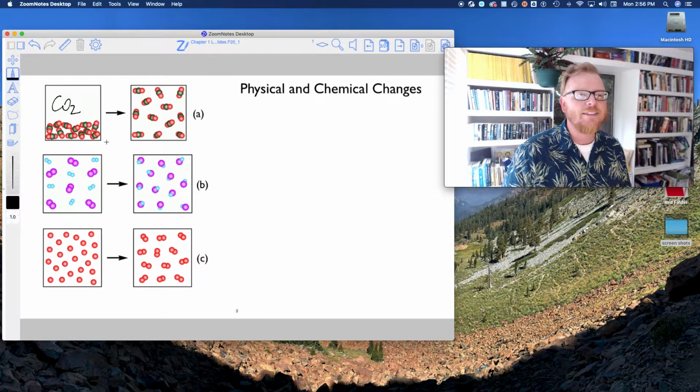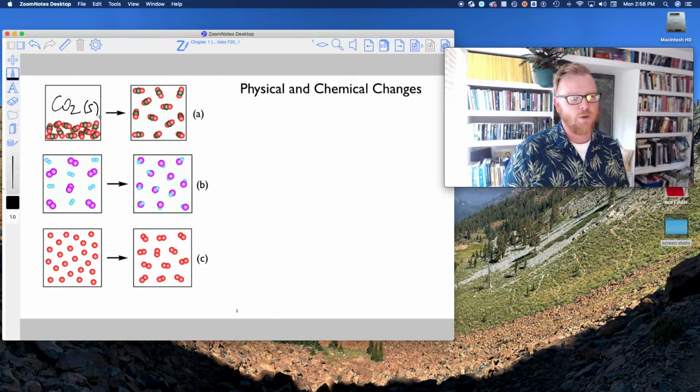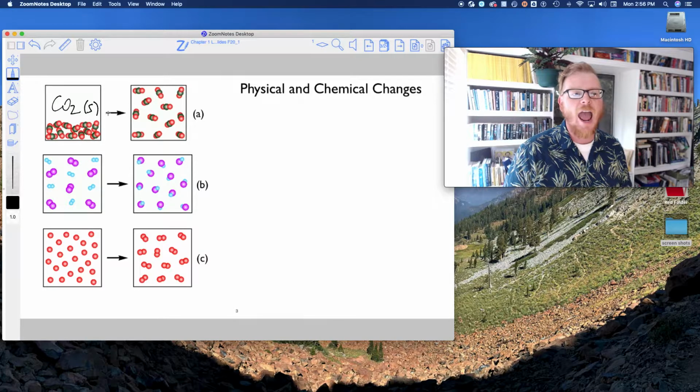Now what you can see here is these are all crammed together. They're really close together, and that's indicative of something being a solid. So I put a little S in parentheses there to note that it's a solid. Now some process has happened, some change, and now these molecules are all loose and not very close to each other.